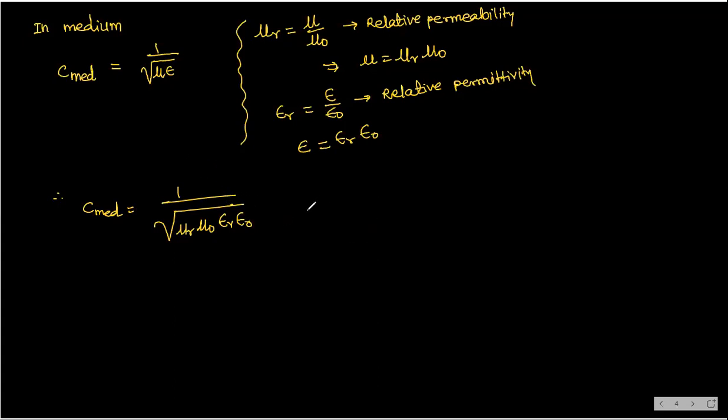I can write this as 1 by under root mu naught epsilon naught into mu r epsilon r, and that's why c in medium is equal to c divided by under root of mu r epsilon r.